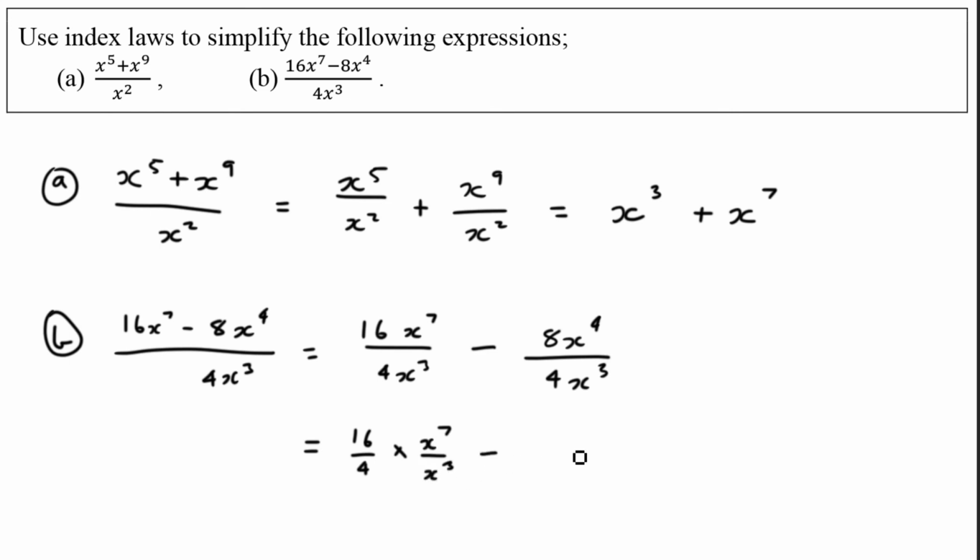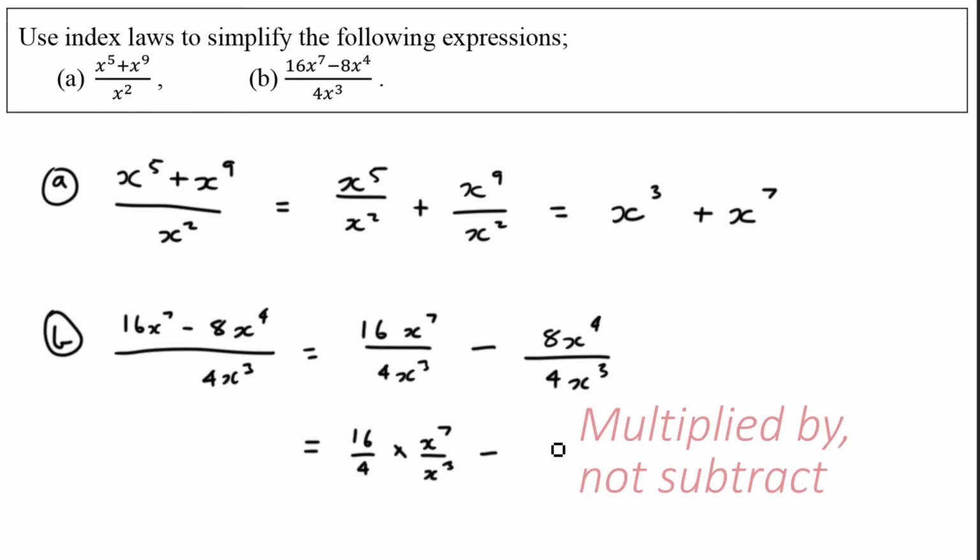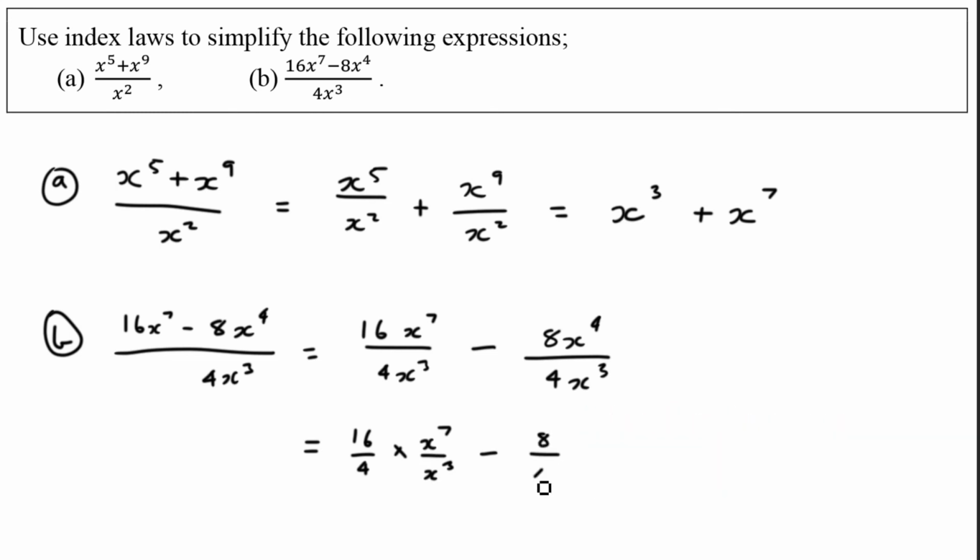So in the first case we have 16 over 4 multiplied by x to the 7 over x cubed. In the second part we'll have 8 over 4 multiplied by x to the 4 over x cubed.